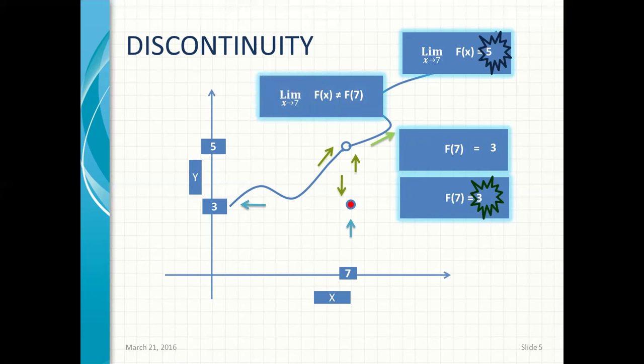Which means limit x tends to 7 f(x) is not equal to f(7), which means that the function is discontinuous or there is a break in the curve. So in terms of calculus, how do I define this discontinuity? I say limit x tends to 7 f(x) is not equal to f(7), or limit x tends to c f(x) is not equal to f(c).